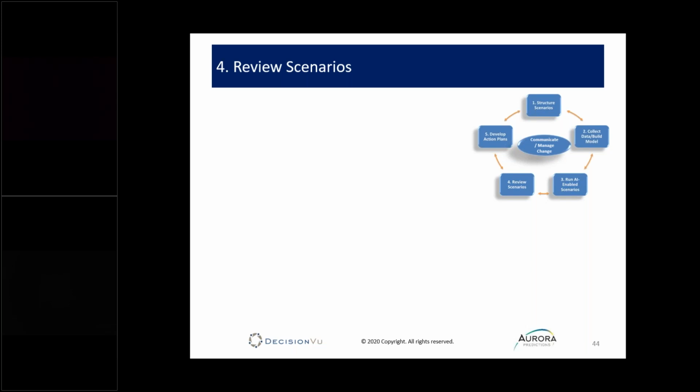We collected data, we built models, we ran an AI-enabled scenario, and we reviewed the outcomes of the scenario, which is where we are now, where we can evaluate outcomes and relationships. So in other words, like we found in our manufacturer the most efficient products to generate operating income and their correlations.